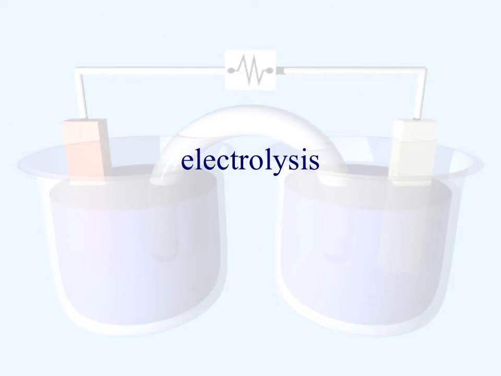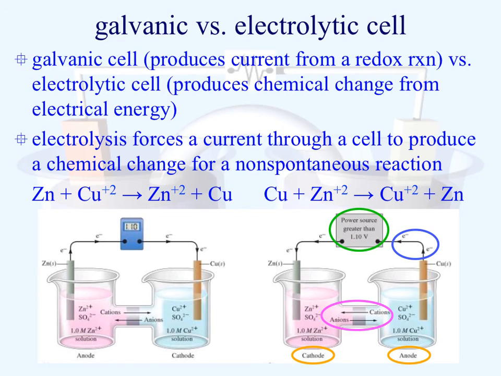The last thing we're going to be discussing is electrolysis. So far we've been talking about galvanic cells, but now we're going to add the electrolytic cell. So let's differentiate. The galvanic cell basically produces current from a redox reaction.